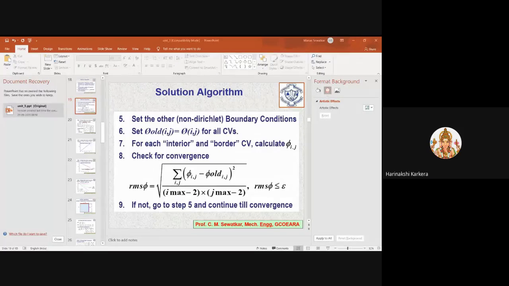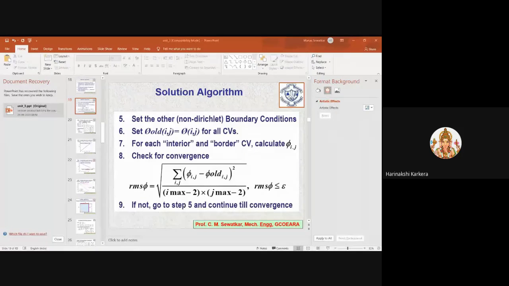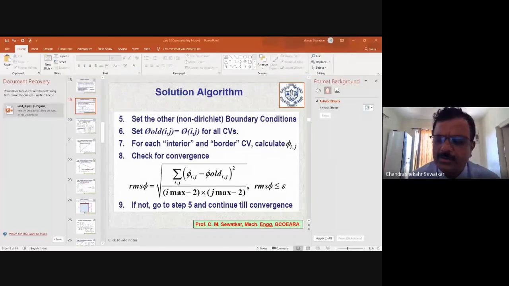Sir, for analyzing the contour plots, do we have any other books which will explain how to analyze those contour plots? The contour plots are to be analyzed with your understanding only, because you know the problem physically, so you need to correlate the physics of the problem with the results which you have obtained.